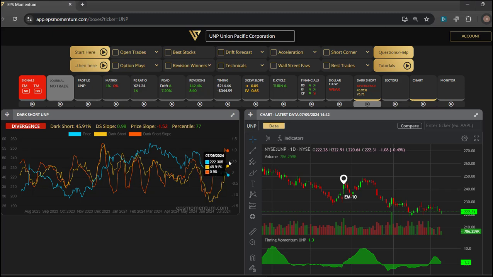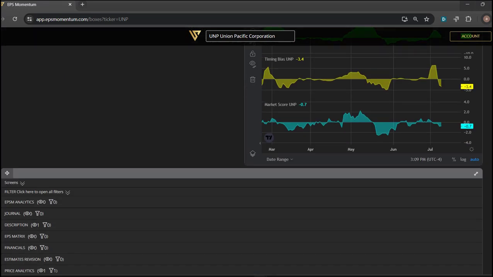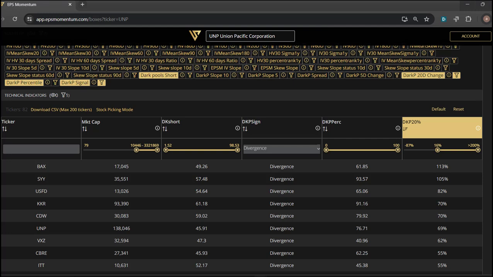Usually when it reaches something above 50%, 45 plus to 50%, it's very significant, and statistically it's been proven that there's a positive price move in the following weeks after that. So again, very, very powerful tools.